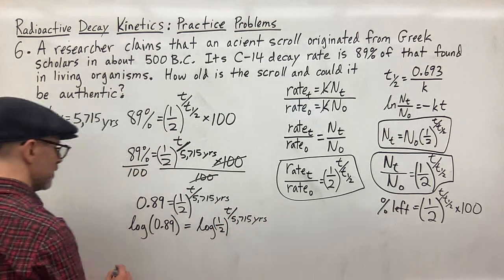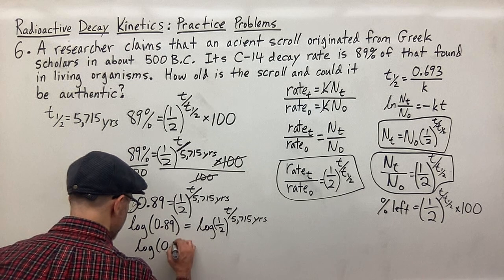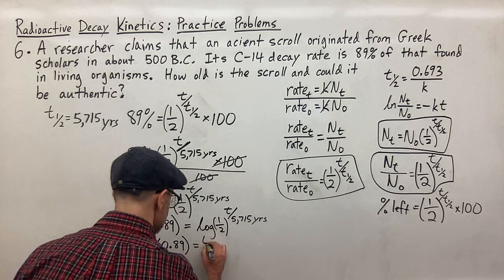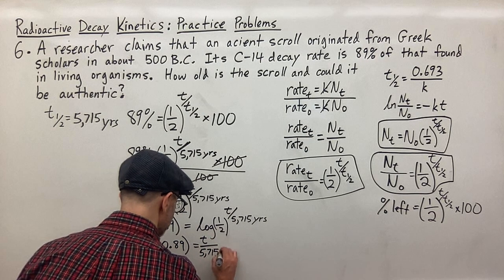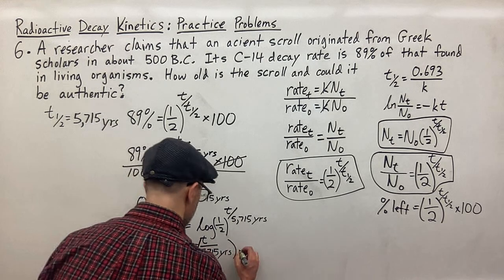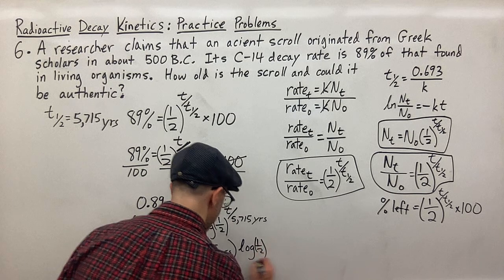Now, because of the law of logs, I can take the power here and put it in front of the log, and that will give me the log of 0.89 is equal to t over 5,715 years multiplied by the log of 1/2.